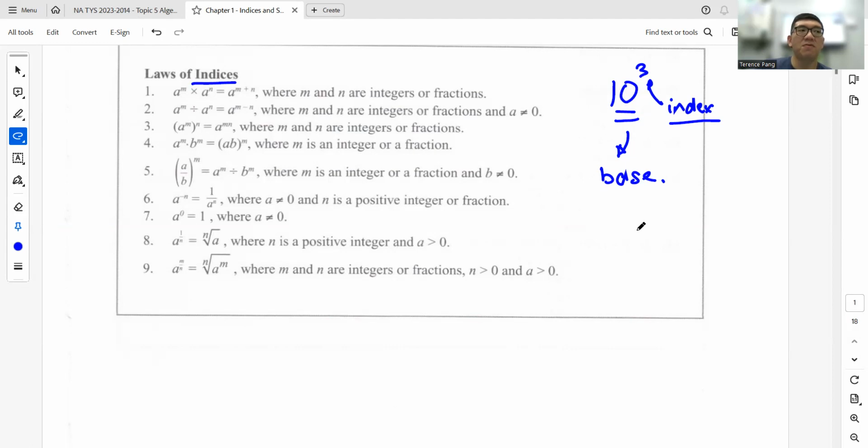Numbers look neater when they are expressed in terms of their indices or their prefixes, as you've learned in physics. Prefixes like kilo, tera, mega, giga.